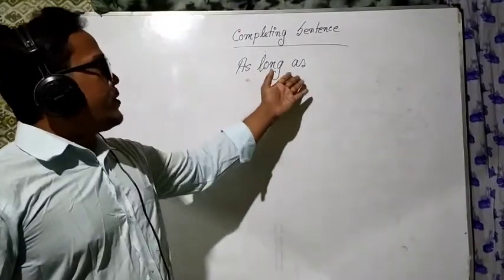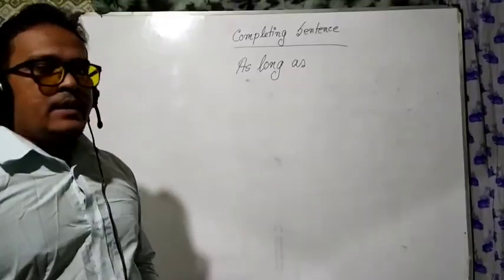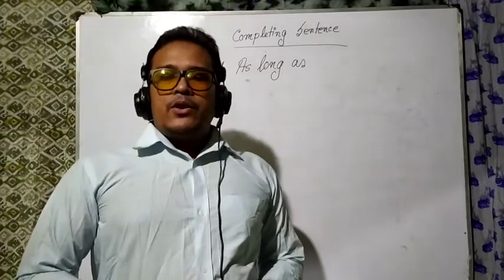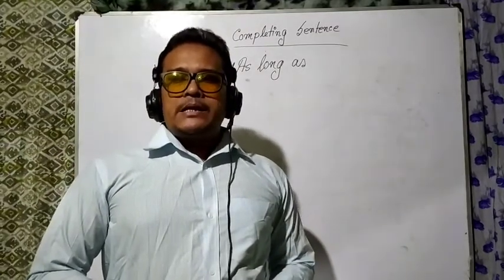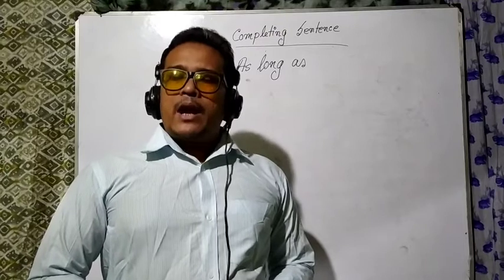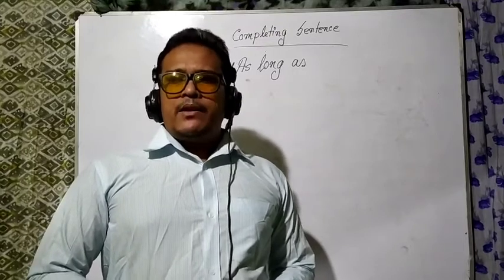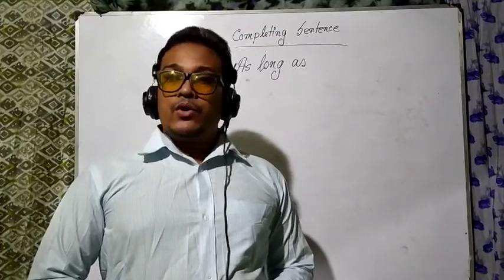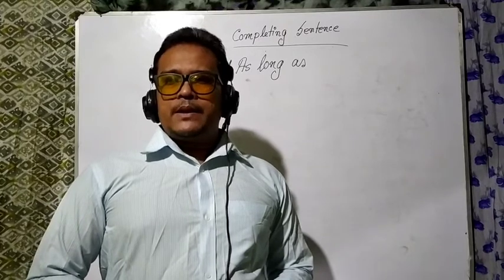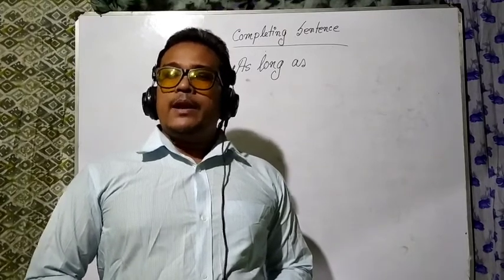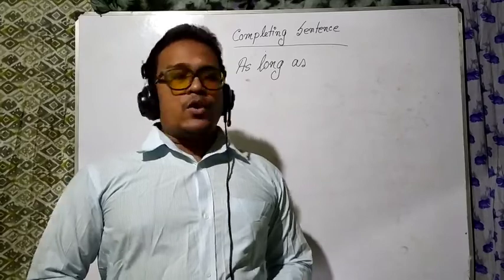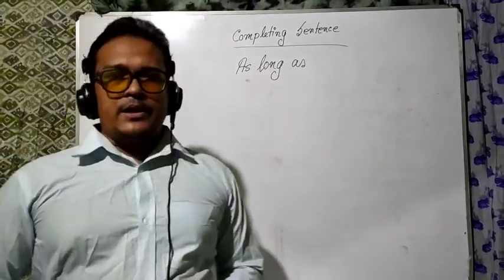Okay, here is another important topic, as long as. We use as long as to refer to the intended duration of a plan or idea, most commonly referring to the future. We always use the present simple to refer to the future with as long as. It also means provided that.